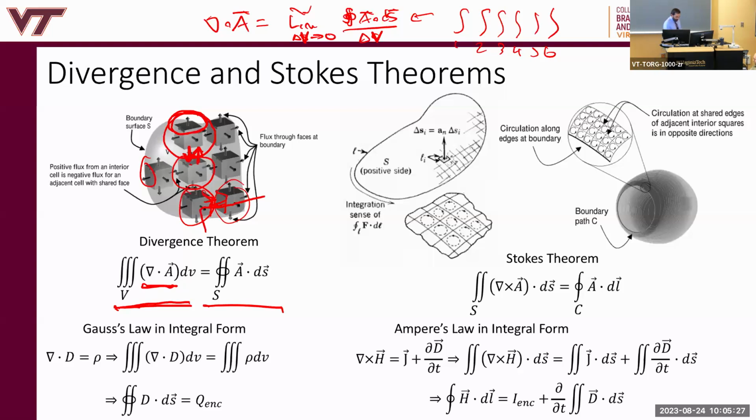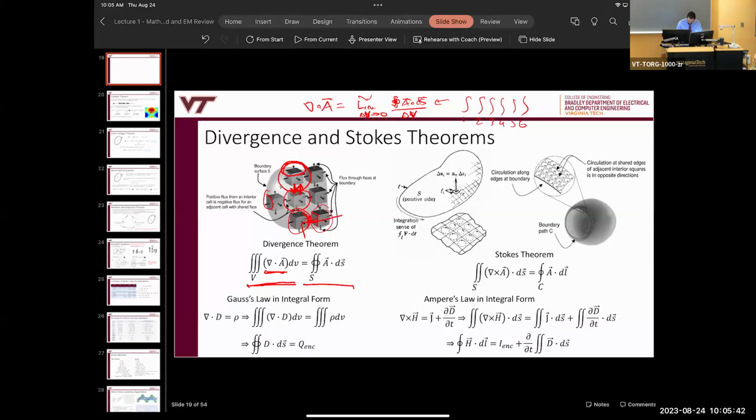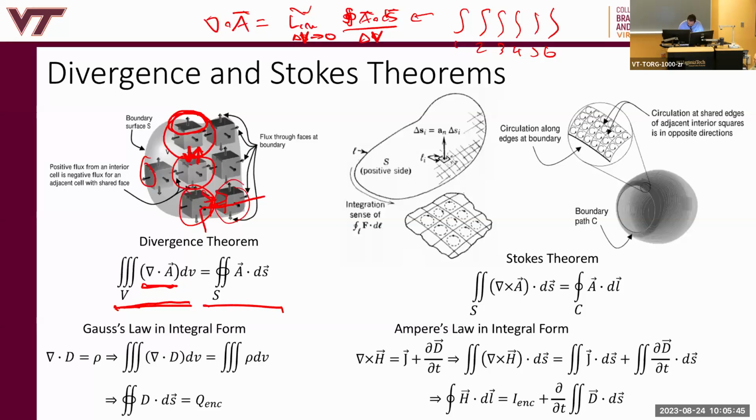So that face is also the boundary of V, or S. The normal to that box is the normal to the surface S at that point. So now it's just A dotted with ds, where ds is the surface unit normal, integrated over the surface.